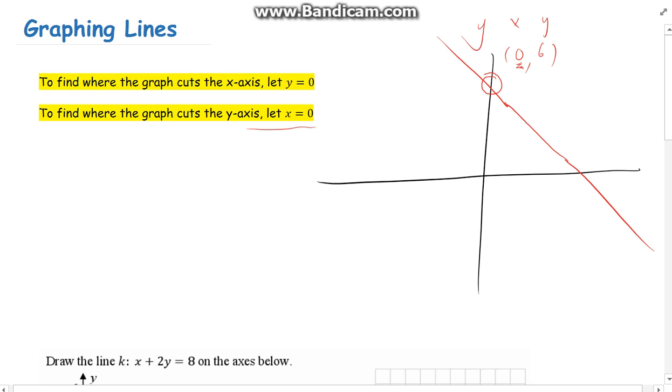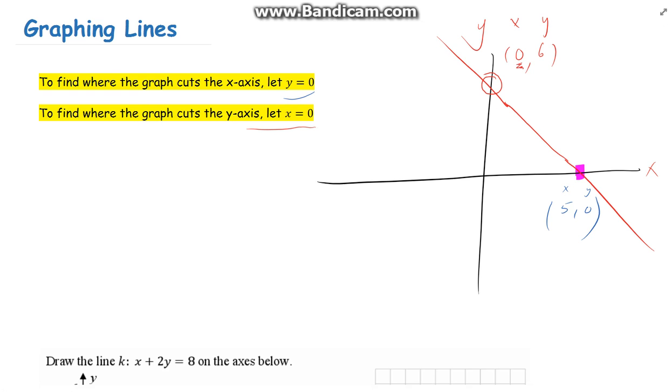If we talk about where it cuts the x-axis, this is our x-axis here. So we say it cuts there, and again we'll give an estimate of the point. We'll say 5, 0. When it cuts the x-axis, you let y equal 0, and that was the case here. The y was 0. So that will always happen.